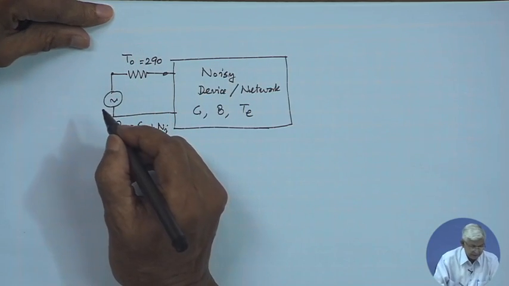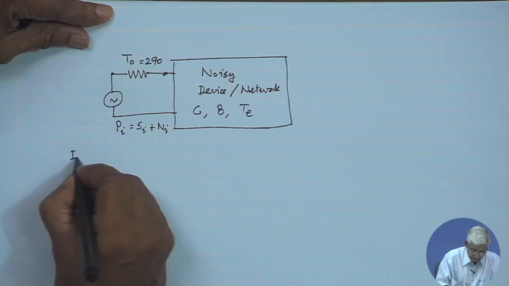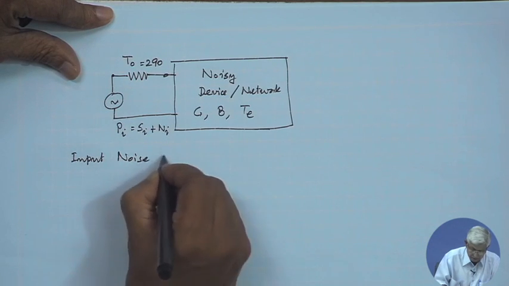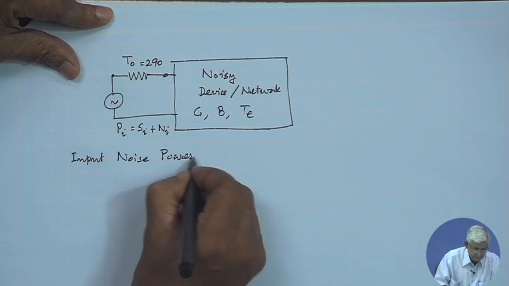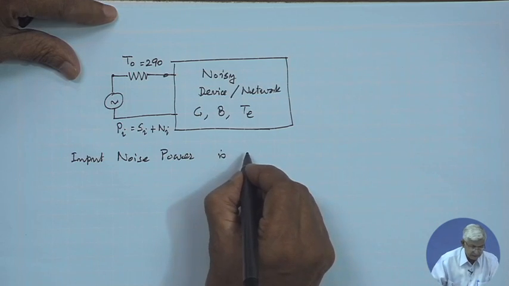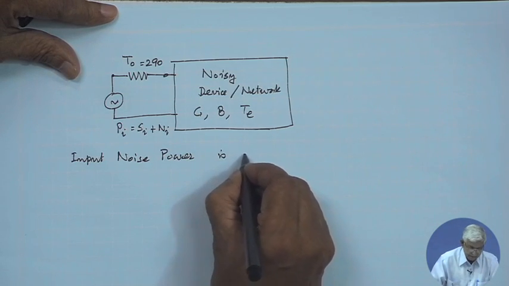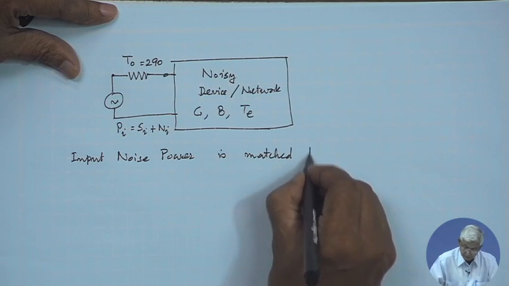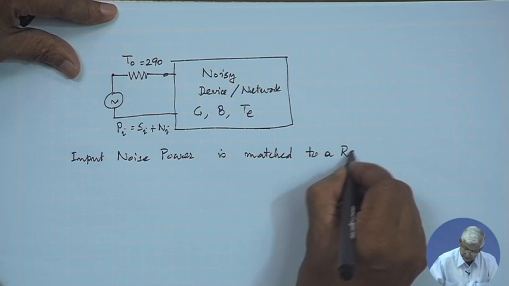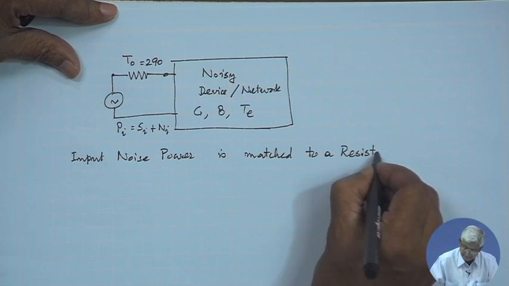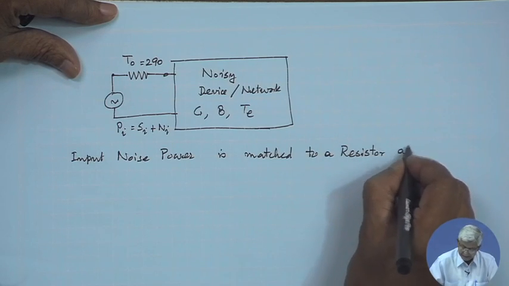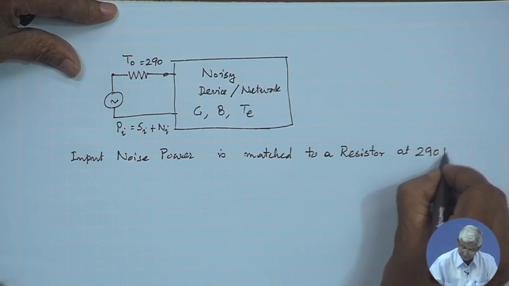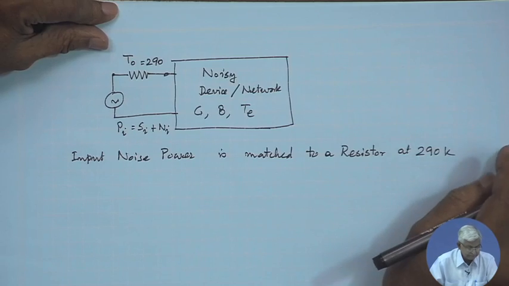So, the assumption is input noise power is matched to a resistor at 290 degree Kelvin, that is normal temperature.